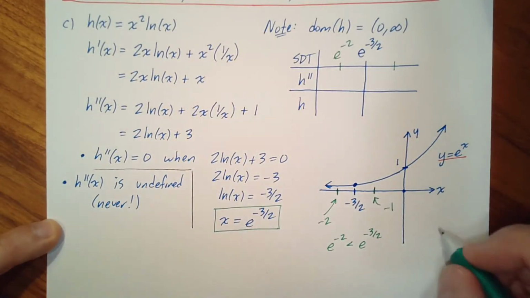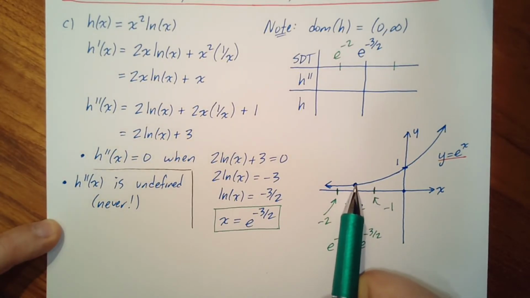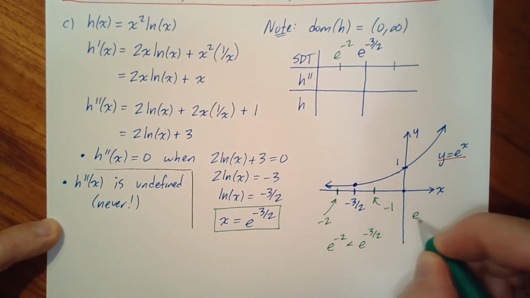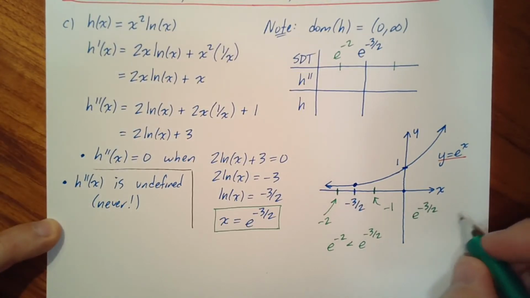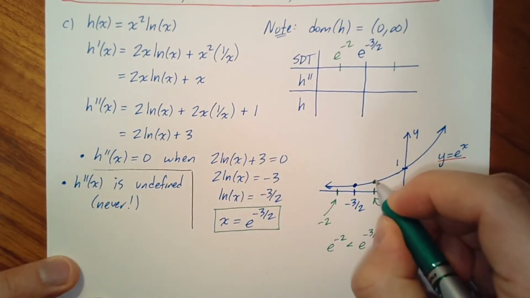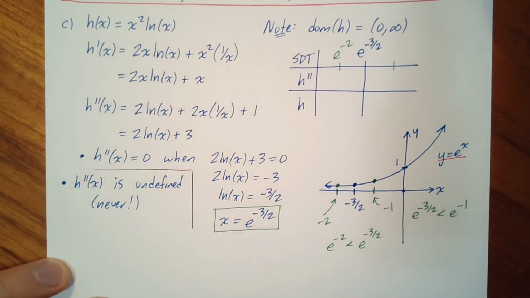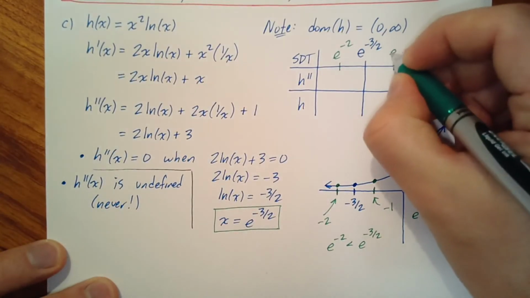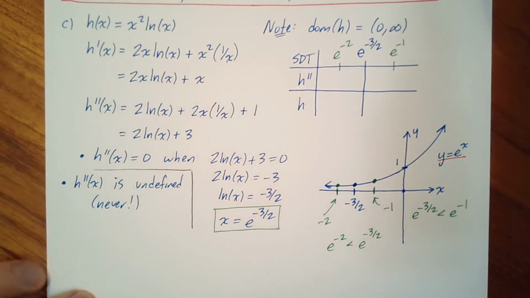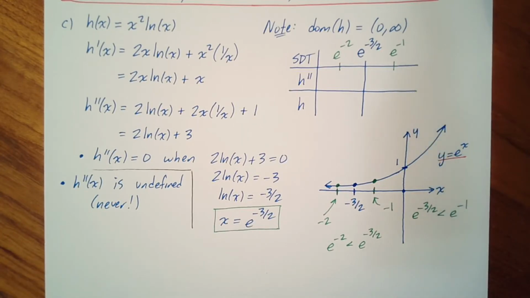Since the y value on the graph above this point is higher than the y value on the graph above this point, e to the negative 3 halves is less than e to the negative 1. Because the y coordinate on this point is higher and the y coordinate of this point is lower. So the upshot of this is e to the negative 1 will work as a point that you can plug in here. So that's how we can get that.